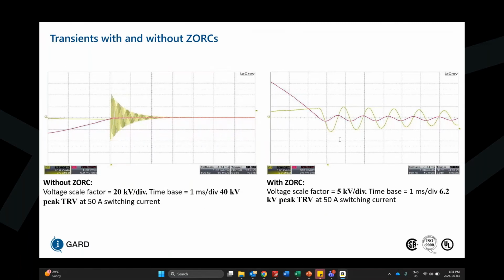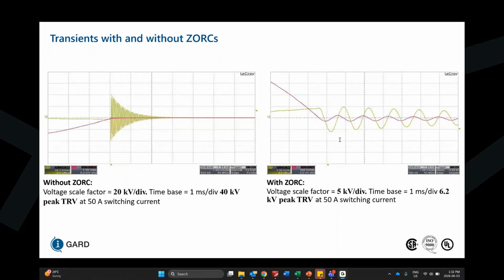For transformer dry type protection, if you have an RC snubber, do you also need a surge arrestor for lightning protection? What I've seen in the industry is they actually use these in parallel with each other. So you would have an RC snubber in parallel with a surge arrestor. Surge arrestor handles the lightning protection.